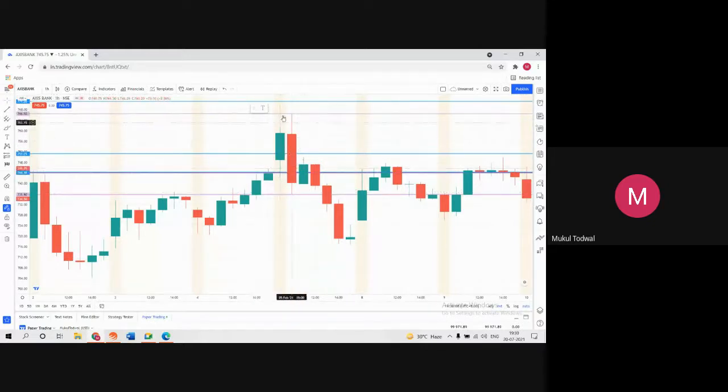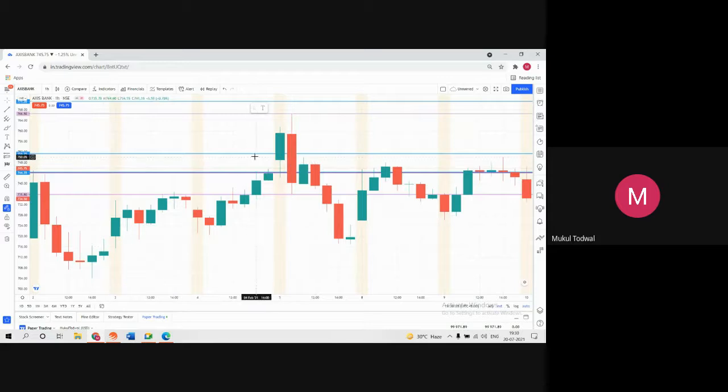If such a situation has arisen, if the stock was in an uptrend, a green candle followed by a red candle that is of a very good length, then you can certainly be sure that now the bears have kicked in. This pattern is known as a bearish engulfing candle pattern.